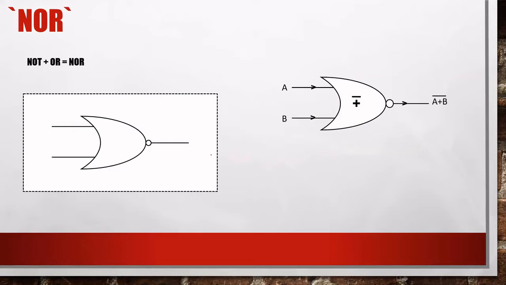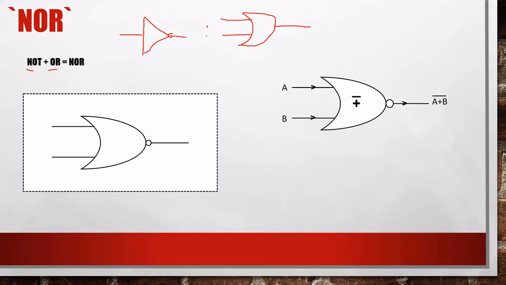In the universal type gates, the next one that we are going to talk about is the NOR operator. This is the combination of NOT and OR. As I mentioned in the previous gate, the NOT operator looks like this, and the OR operator looks like this. You might remember that I mentioned it looks like a spaceship.